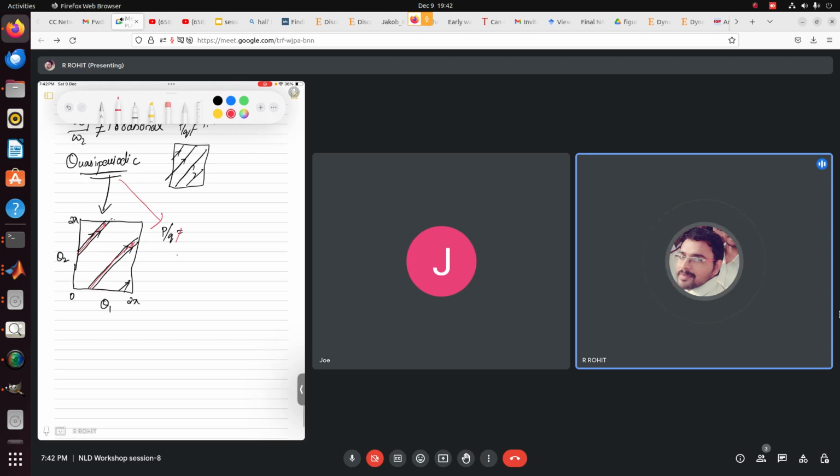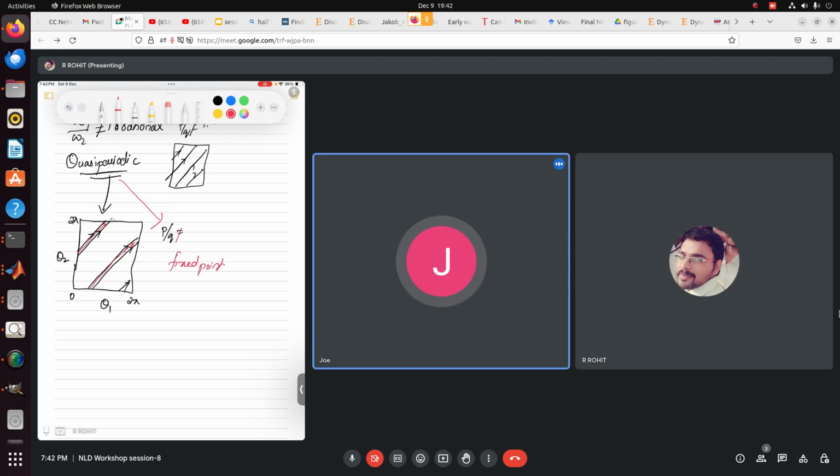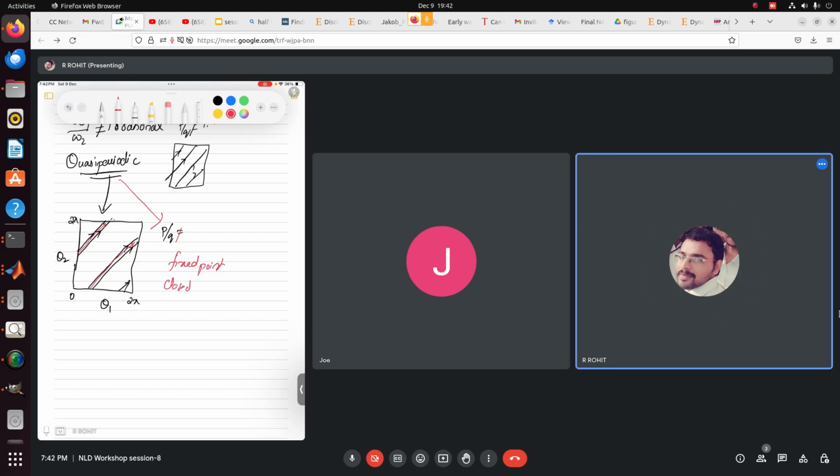Till now we saw fixed points, closed orbits, homoclinic orbits, and now we have seen something called quasi-periodicity.